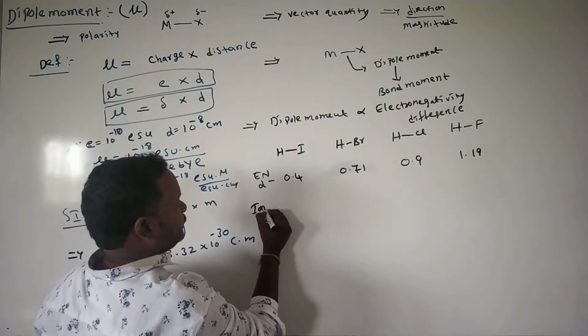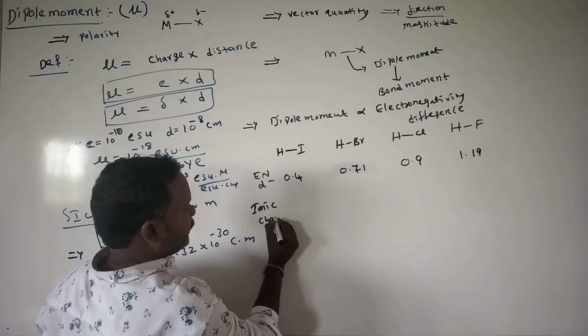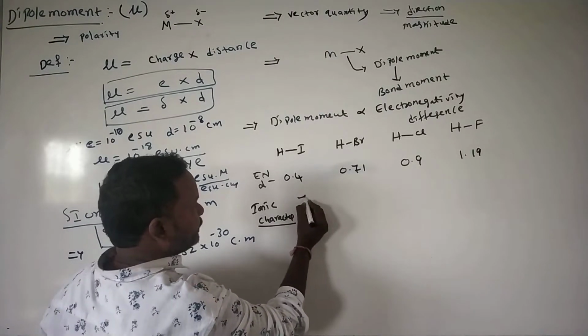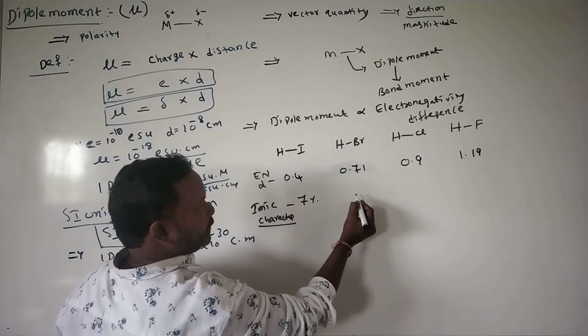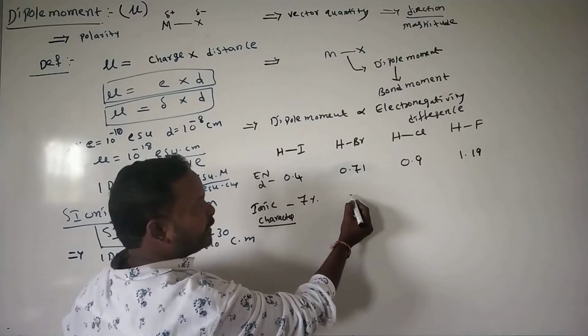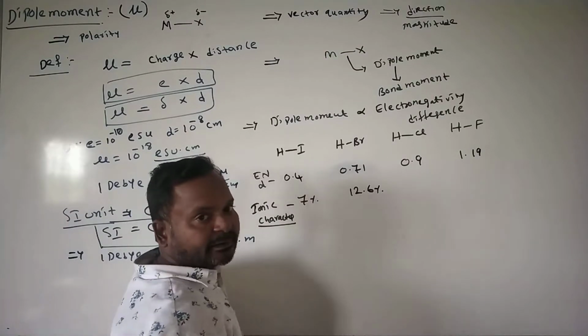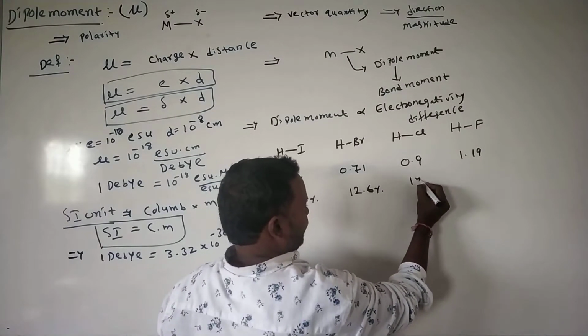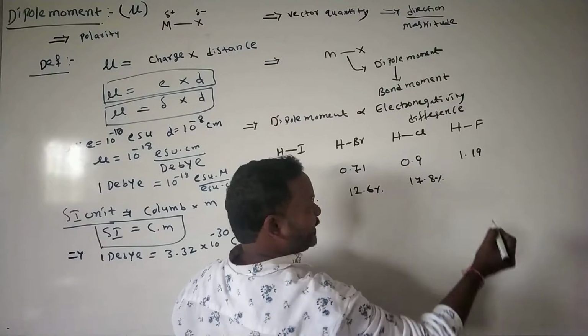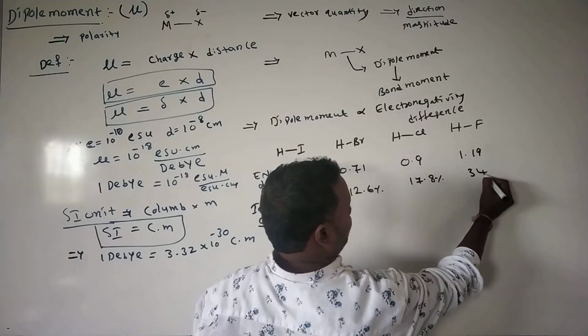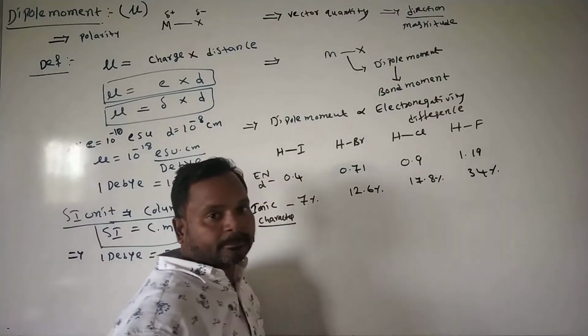This is 7% ionic character, this is 12.6% ionic character, this is 17.8% ionic character, and here 34% ionic character.